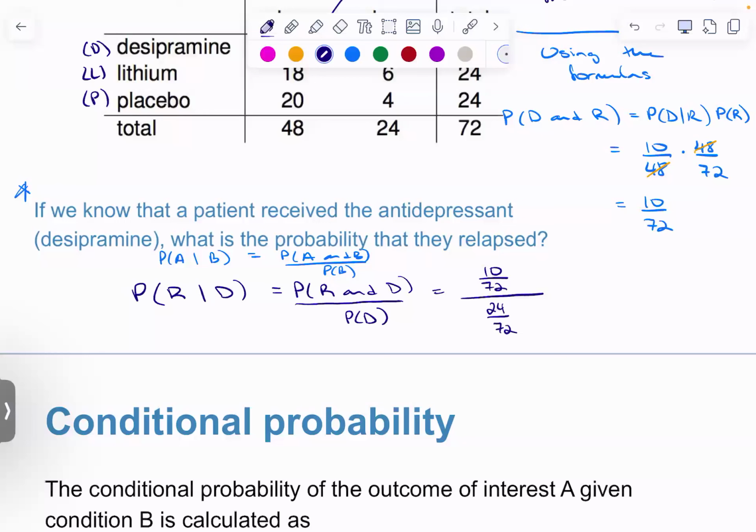Fraction over a fraction. Do you remember how to work with fractions? We don't do a ton of work with fractions, but in this chapter, we do work with fractions quite a bit. And so a fraction over a fraction, you're going to flip the denominator and multiply. So this is going to be the same as 10 over 72 times, so flip this guy, 72 over 24 and multiply. Now you have 72 over 72, which is going to go to 1, and all you're left with is 10 over 24.